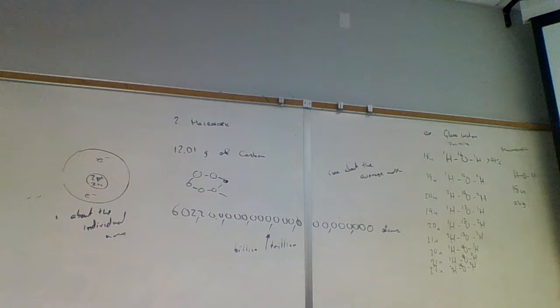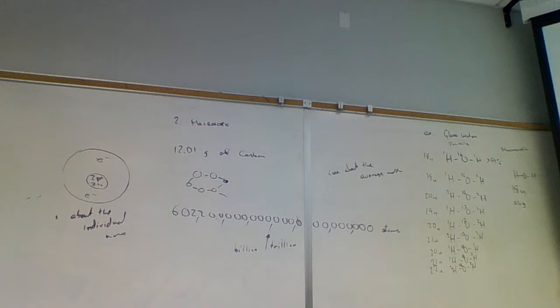And so if we're at 0% carbon-13, then all the carbon atoms are the same, and they weigh how much? All the carbon atoms weigh 12U. And so that's our first data point there. It's 12U here.